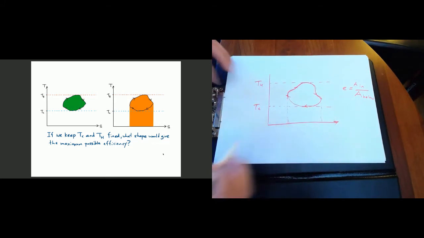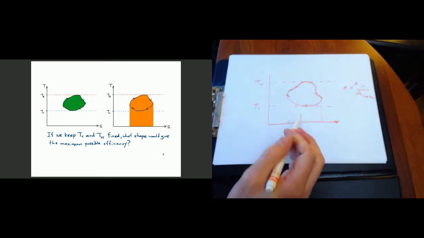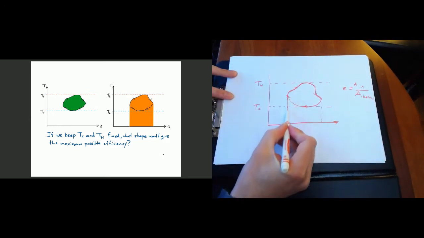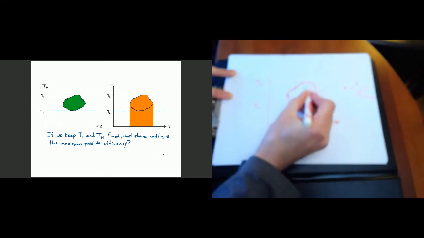In order to answer our question, what could we do to this cycle to increase that efficiency? The first thing we can ask is, is there any way to increase the area inside the curve, but not increase the area below this top curve?